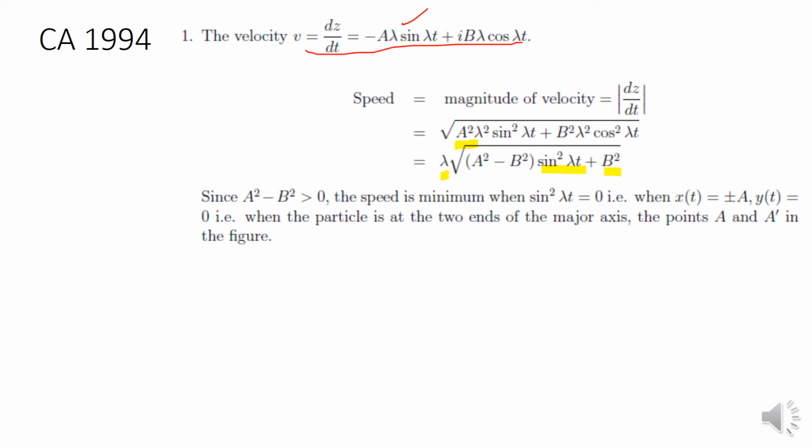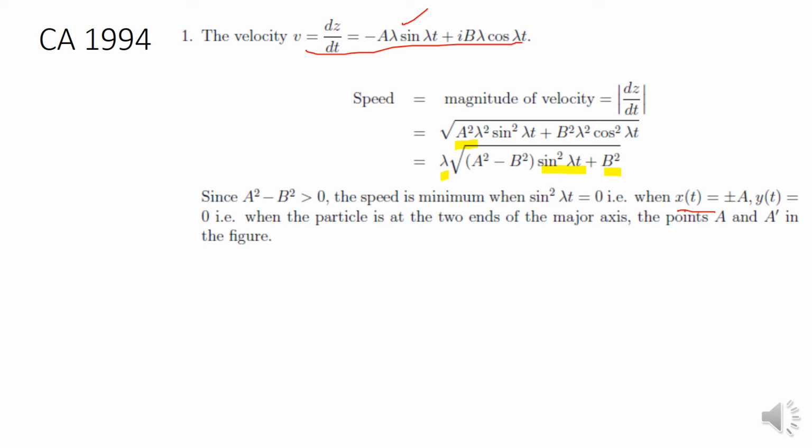For the maximum of the term, a square minus b square is positive, so it will be at the points A and A dash, where x(t) is plus or minus a and y(t) is 0, meaning on the major axis, where we have points A and A dash.